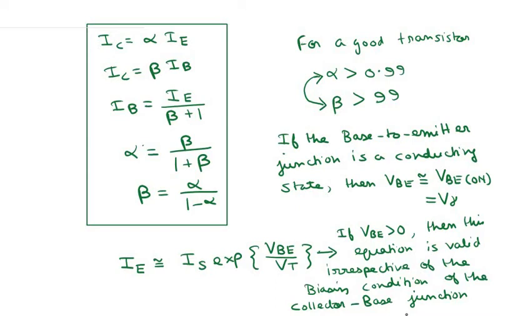Okay. However, these three equations that I have written here are only valid in the forward active mode. Okay, it doesn't matter whether I have the common base configuration or the common emitter configuration.